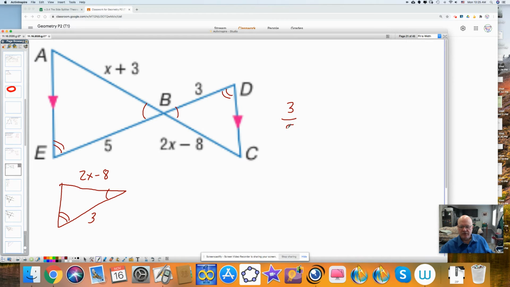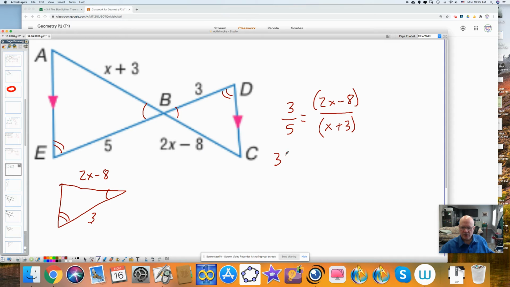So I can set up a proportion. 3 is to 5, small triangle is to large, as 2x minus 8 is to x plus 3. Now, if you do not put grouping symbols here, when you go to cross multiply, you might make a mistake. This is one of the techniques for solving these problems. We can cross multiply to solve a proportion.